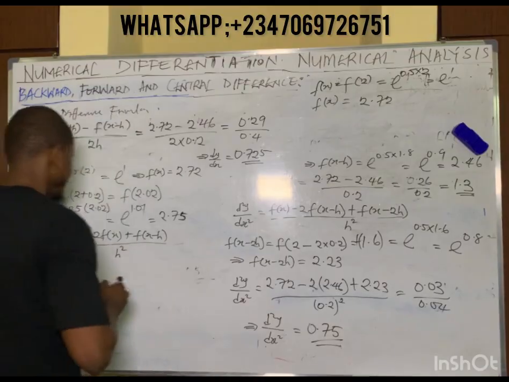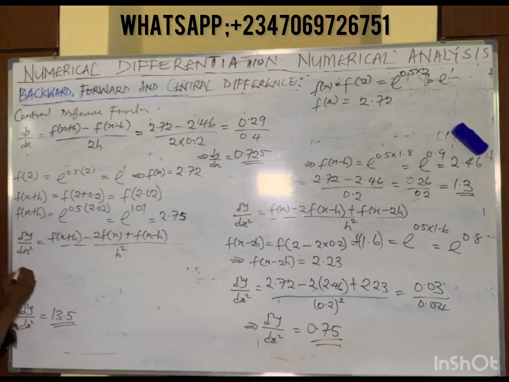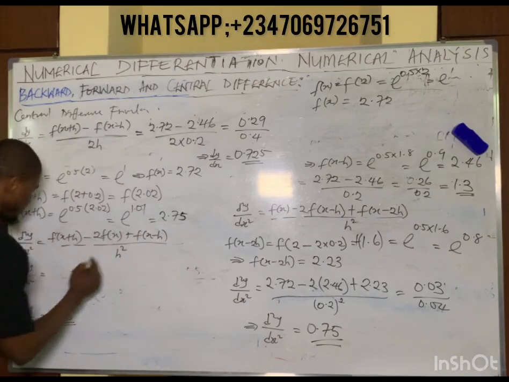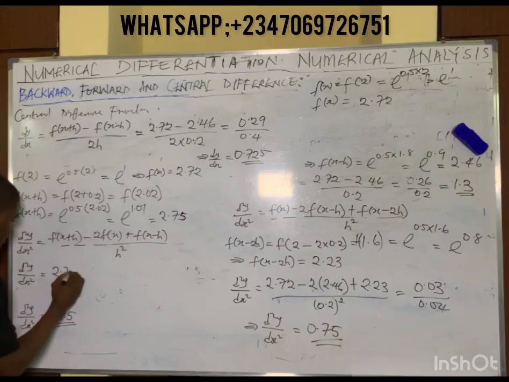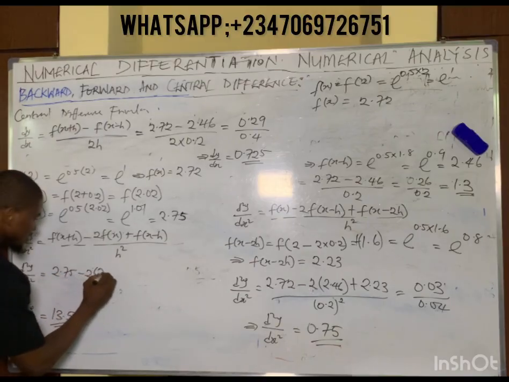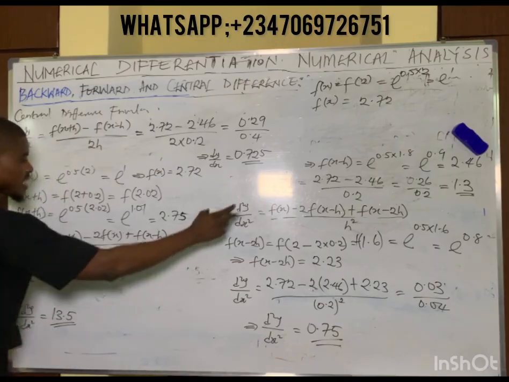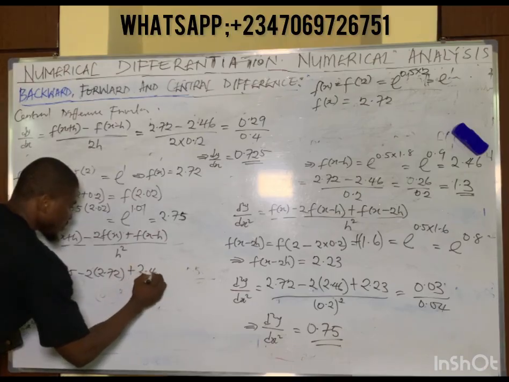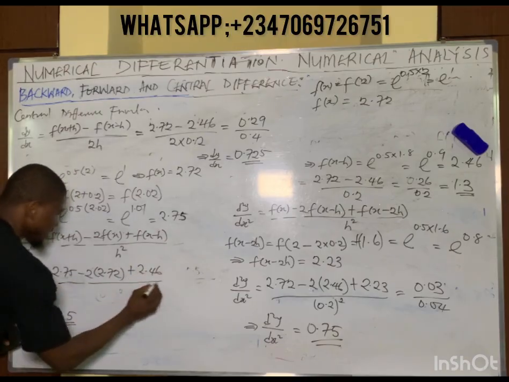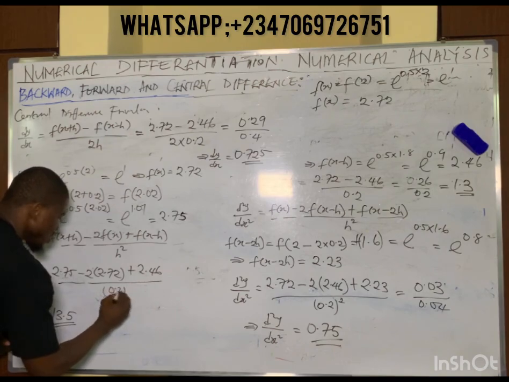Okay, so let's fall back here now. This means that d squared y over dx squared is going to be equal to f of x plus h, the value is 2.75. So you have 2.75 minus 2 times 2.72, which is f of x, plus f of x minus h, which gave us 2.46, divided by h squared, which is 0.2 all squared.